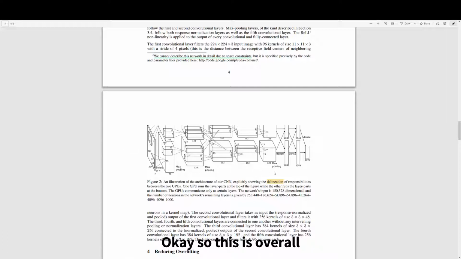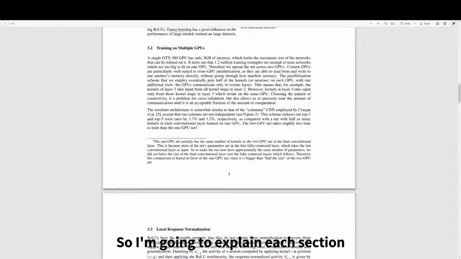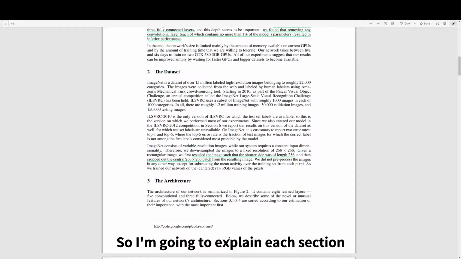Okay, so this is the overall architecture, and I'm going to focus on each factor that this paper uses for the training, section by section.